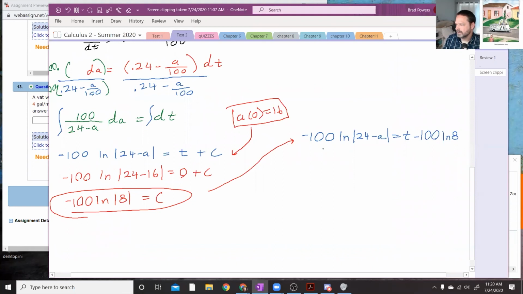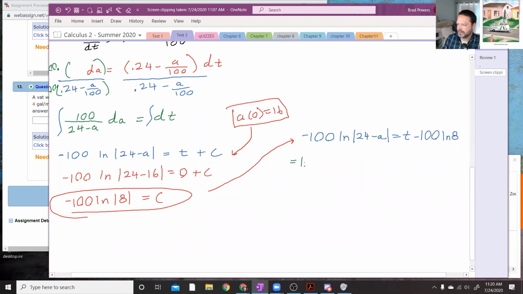Which means I would like to, what do I want to do? Divide both sides by negative 100, I think.